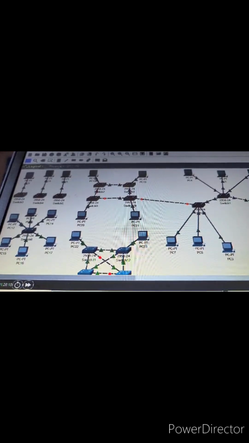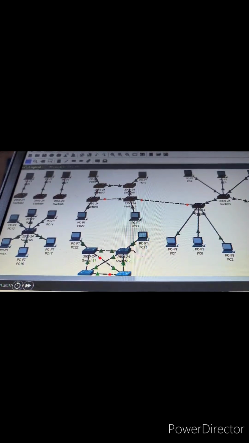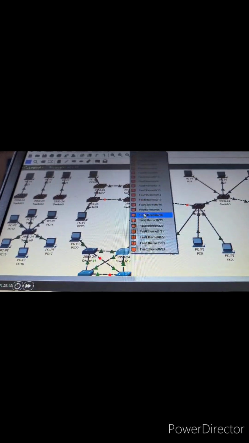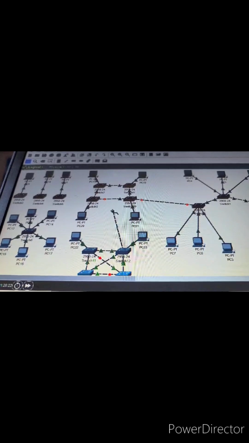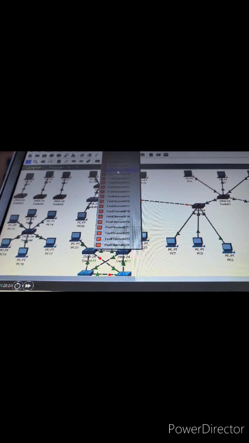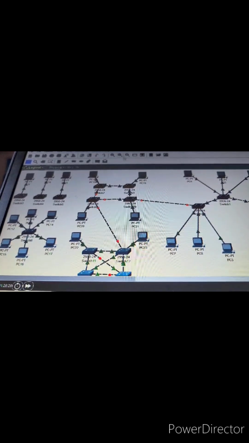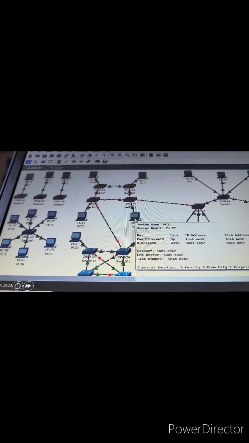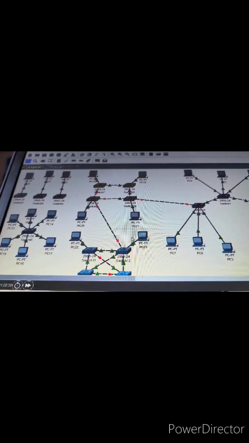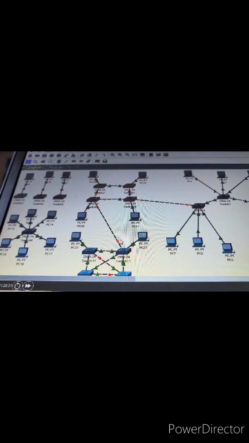So I'm going to try this PC, the mesh, going to the star topology. So you just wait until it becomes green, because it means that it's still processing.